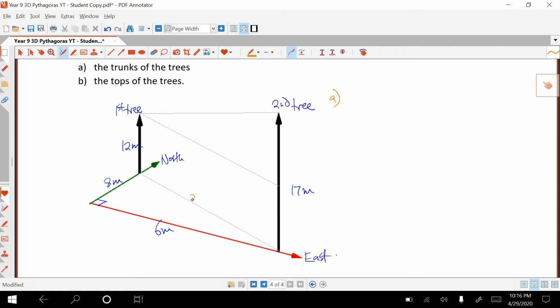Let's just call it X. So we can apply Pythagoras theorem by considering this triangle here. So basically X squared will be equal to 8 squared plus 6 squared. So X will be the square root of 8 squared plus 6 squared, and if you plug that in your calculator, that should be equal to 10.